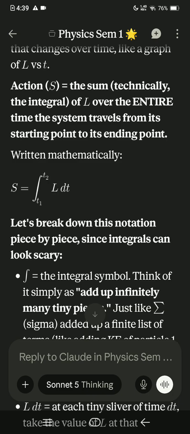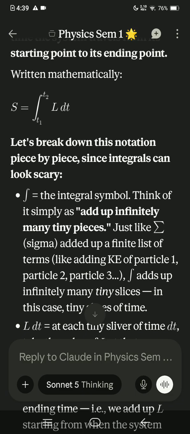Okay, so let's break down this notation piece by piece, since integrals can look scary. This symbol, the integral symbol, think of it simply as add up infinitely many tiny pieces.